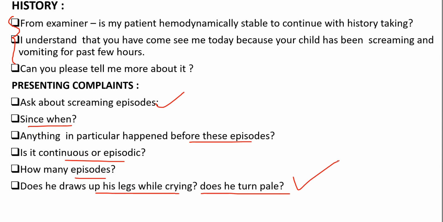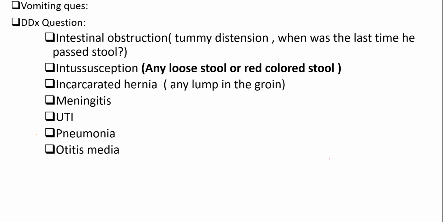This is a very important feature: with the screaming episodes, children will draw up their legs as if they're in severe pain. They can sometimes even clench their fist and they can turn pale. And after the screaming episode, you will be asking the same questions. So ask vomiting questions, ask all the differential diagnoses one by one.